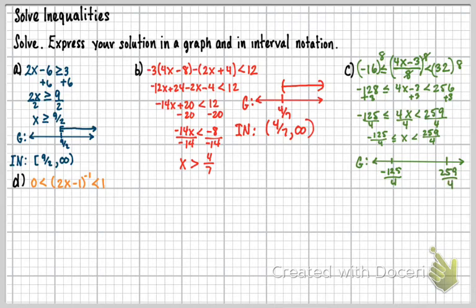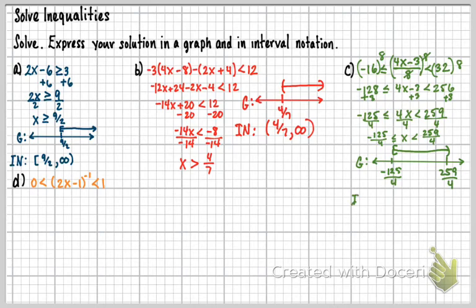And I'm including the negative 125 over 4, and I'm not including the 259 over 4. So I'm going to use a bracket for the negative 125 over 4, and a parenthesis for the 259 over 4. And then just draw a line between them. So there's my graph form.